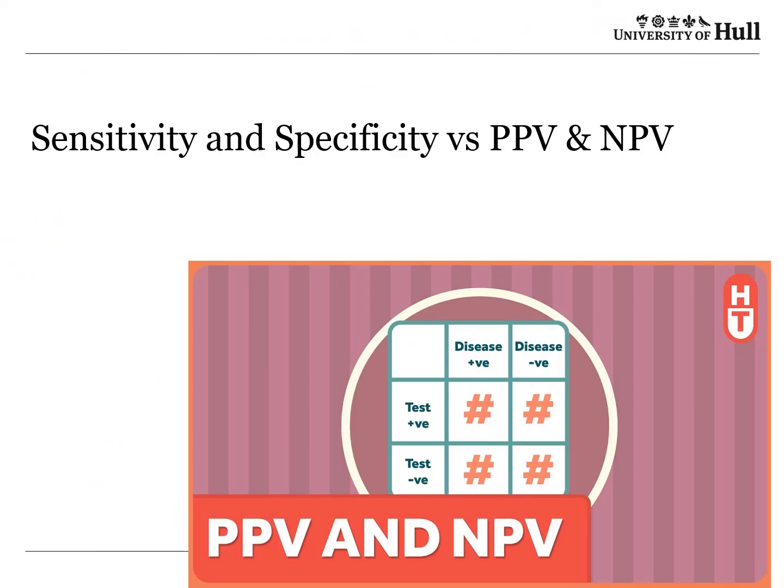Finally, going to consider sensitivity and specificity versus PPV and NPV. Now, we've done sensitivity and specificity in detail there, and I've already indicated that these sets of values are more useful for different things.